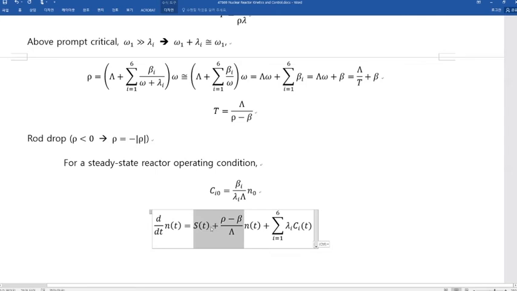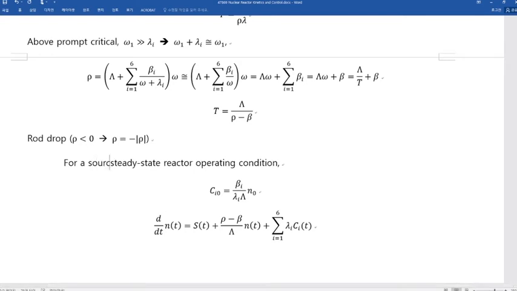We do not have an external source, so let me also include that for a source free case. That means S(t) equals 0.